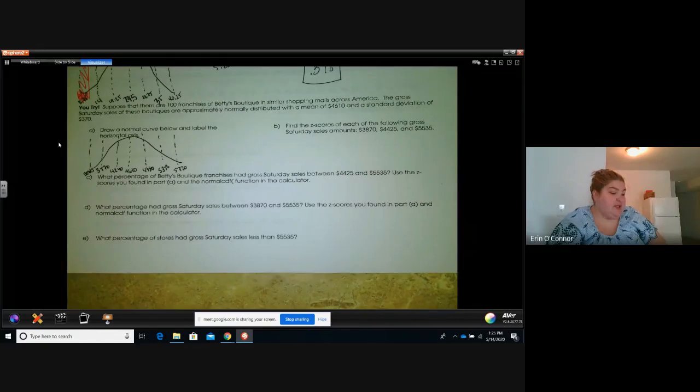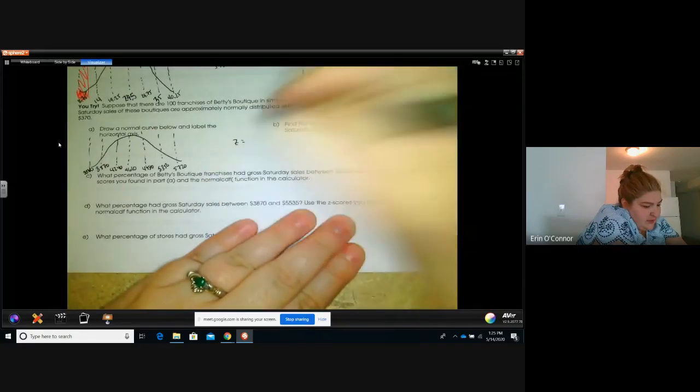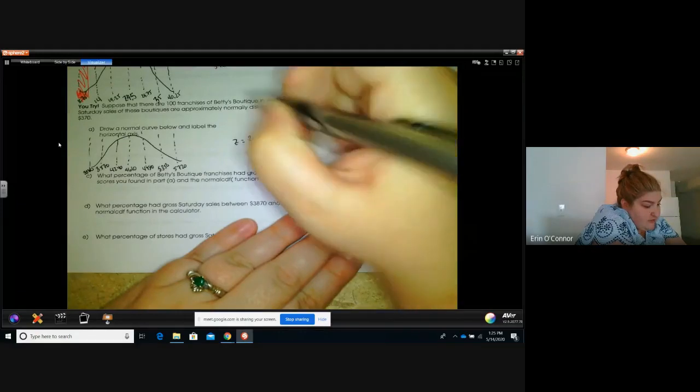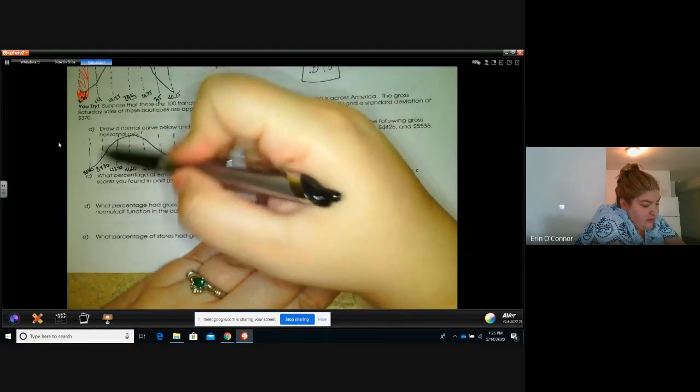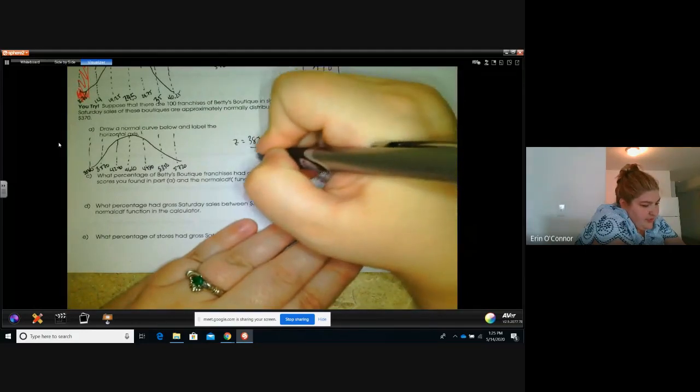So find the z-scores of each of the following gross Saturday sales amounts. So the z-score for the first one is 3870 minus 4610 over 370.